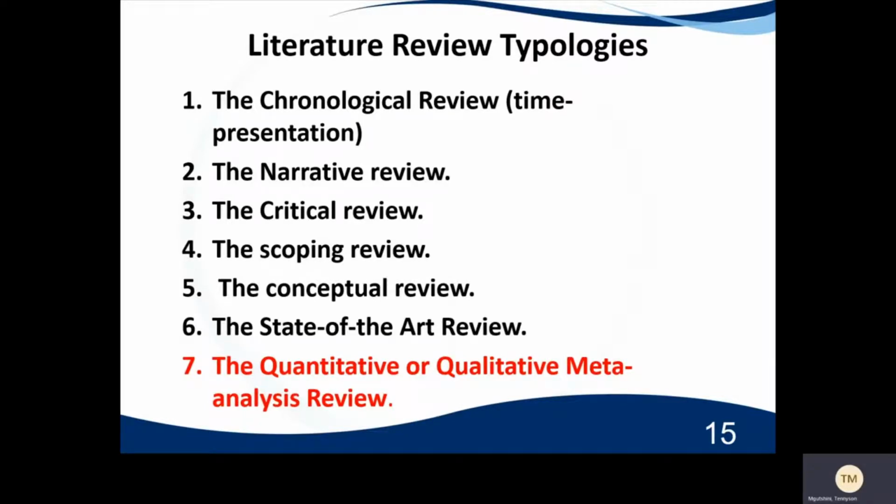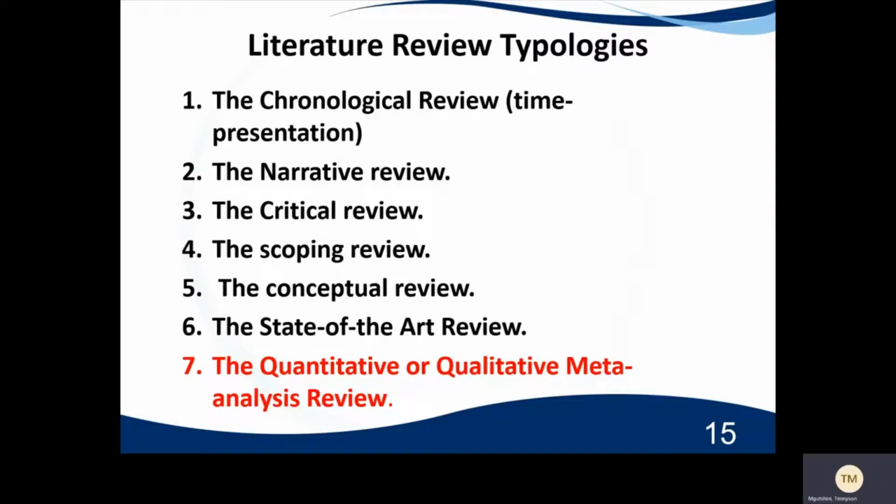So in many ways, if you look at this, the narrative review and the critical review are similar, but the narrative review talks about different themes, and those themes are themes as reflected by statements. So you may have a statement that says, media is a causal influence to violence. That you would see in a narrative review.